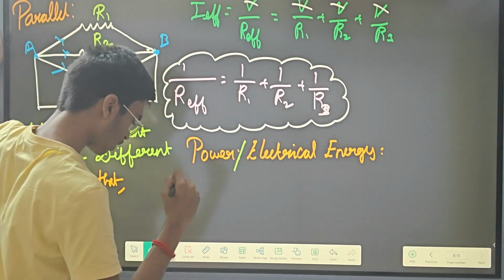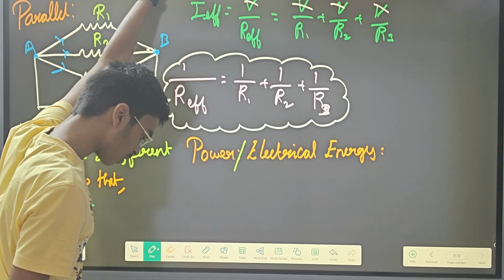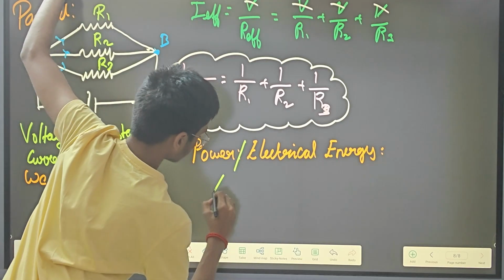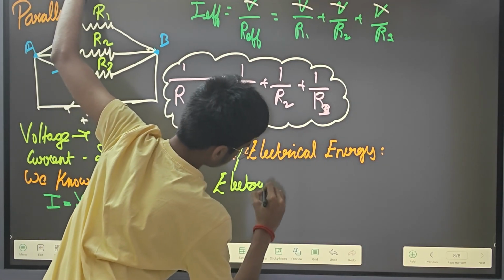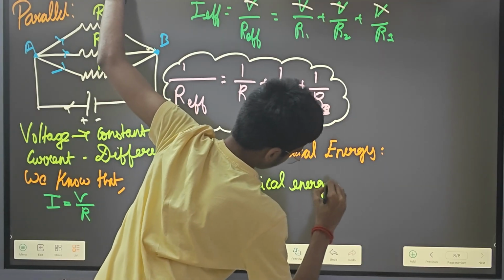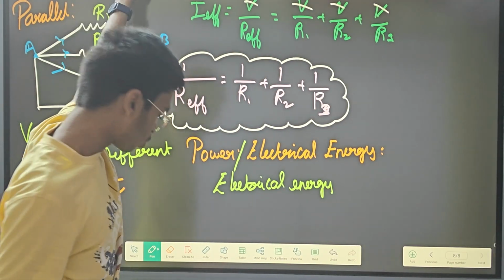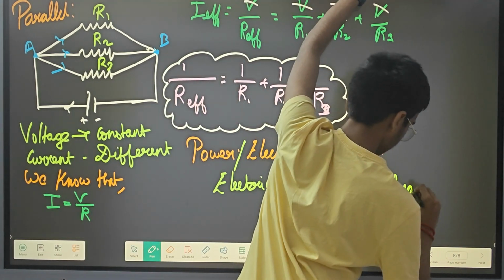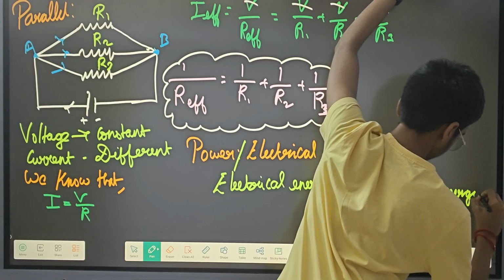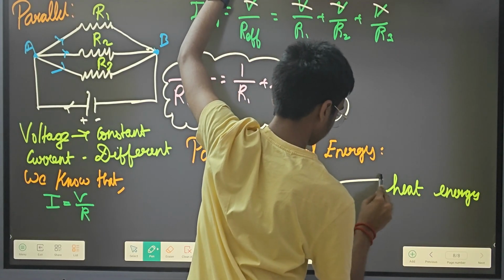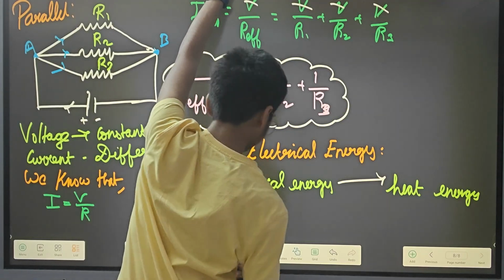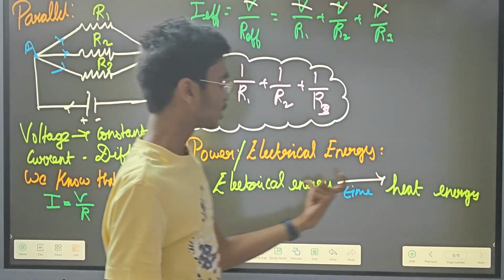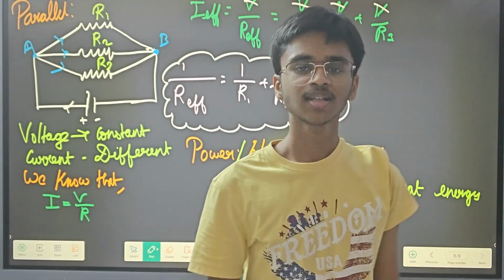Whenever electric current is passed through a conductor, after some time this indicates that electrical energy is being converted into heat energy. With respect to time, electrical energy will definitely be converted into heat energy as it passes in a conductor.